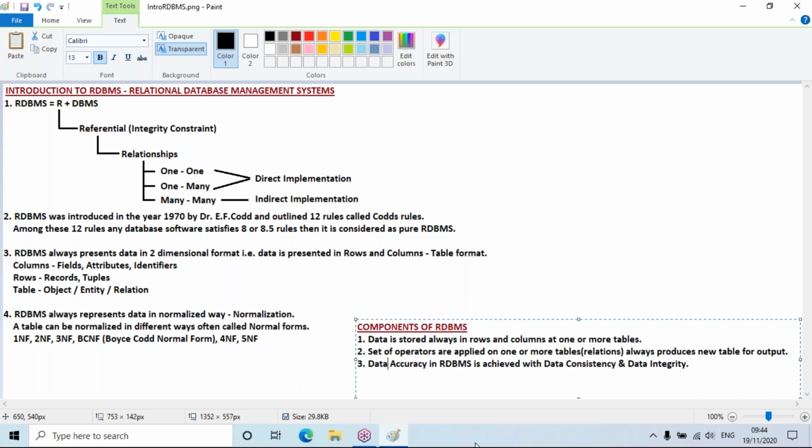Okay, so definitely we need to learn quite a bit more in detail about what is data consistency and what is data integrity.